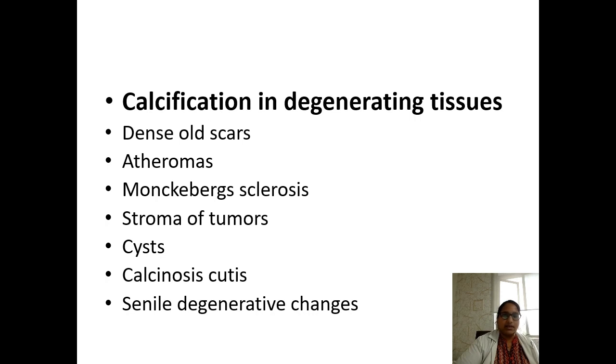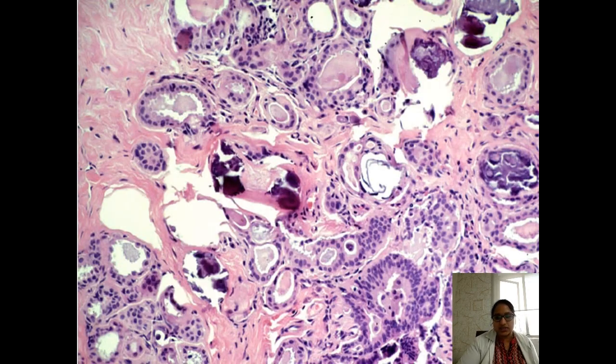In the degenerating tissues it can be in dense old scars, atheromas, Monckeberg's medial calcific sclerosis, stroma of some tumors or cysts, calcinosis cutis, or as part of senile degenerative changes. It will be seen with a bluish granular appearance. Here in this picture, we can see some areas showing bluish or basophilic granular material. This is nothing but pathological calcification.